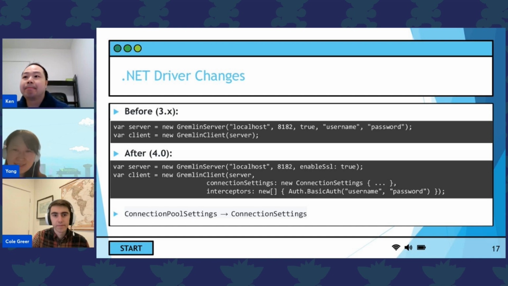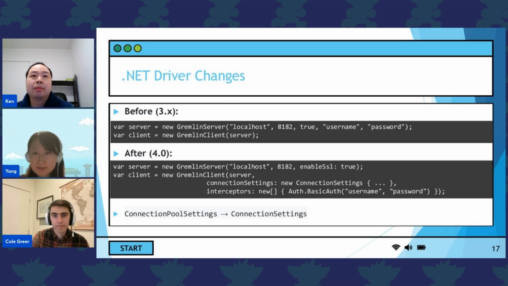Thank you, Ken. Diving a bit more into the GLVs that have changed, .NET is also one of the drivers that got changed to HTTP. Now it does not have the fully streaming capability yet, so one should keep in mind that that is a known limitation. Most of the API remains unchanged.